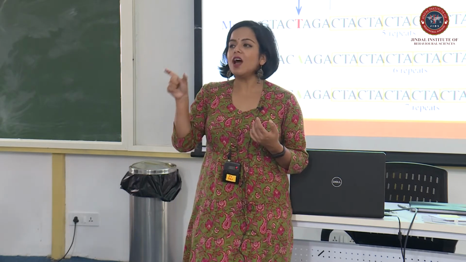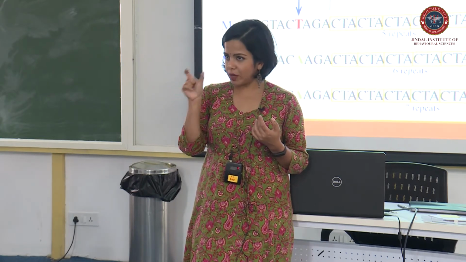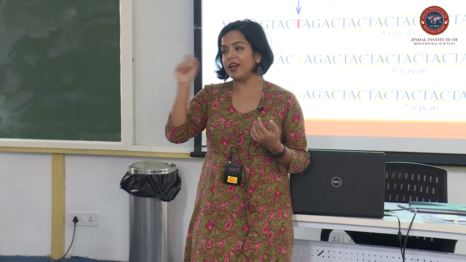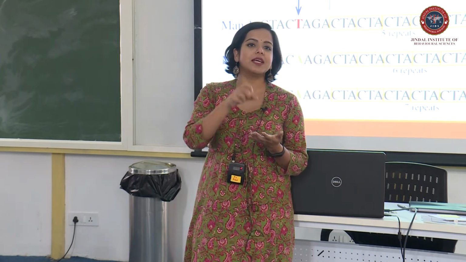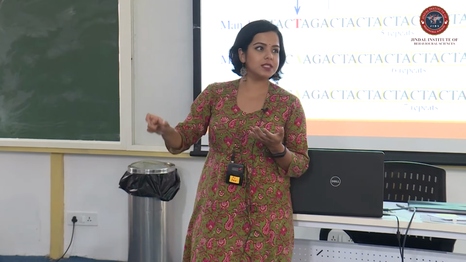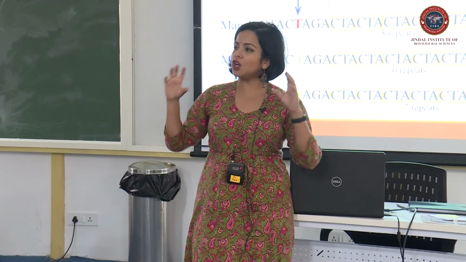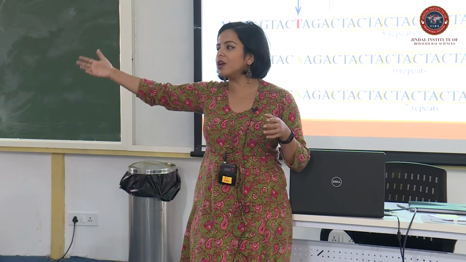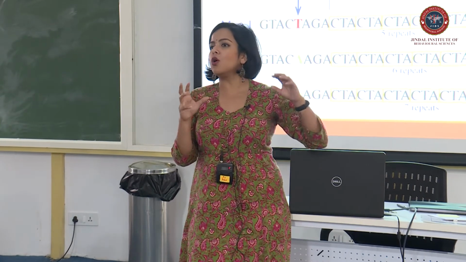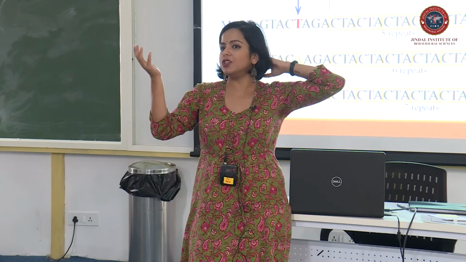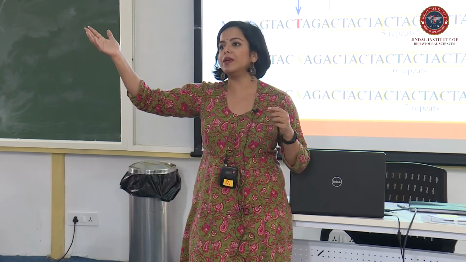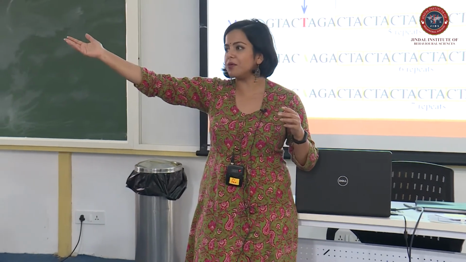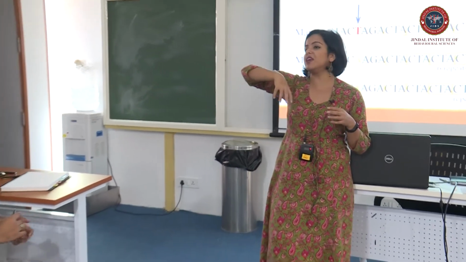So STRs are basically locations. STRs are basically repeat units in between junk DNA. And there are many of those at various junk levels, okay? So any junk that is in Delhi will have a certain number of repeats, but there can also be junk here in Sonipat.